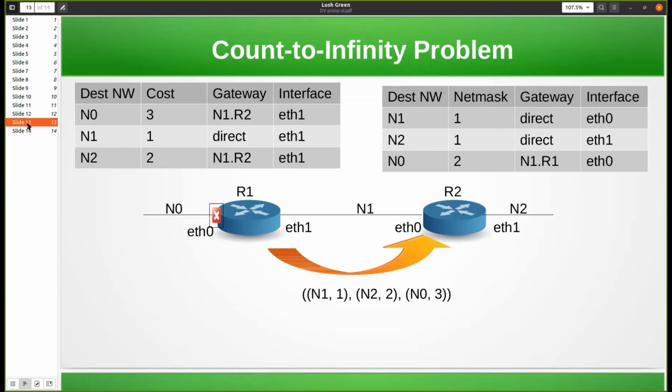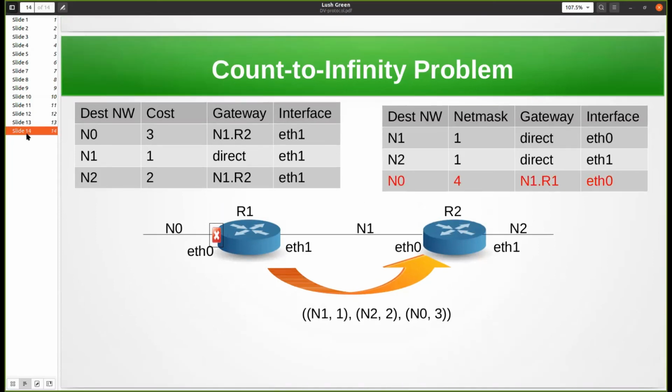Now R1 is advertising N0 to R2. So the same neighbor N1.R1 is advertising the same network N0, but with a different cost. So the routing table entry in R2 now becomes N0 cost 4, instead of cost 2.